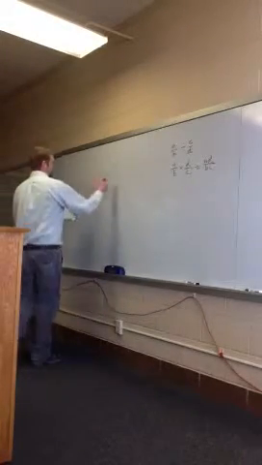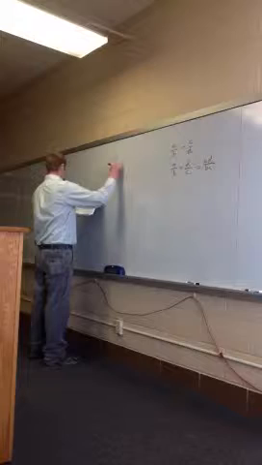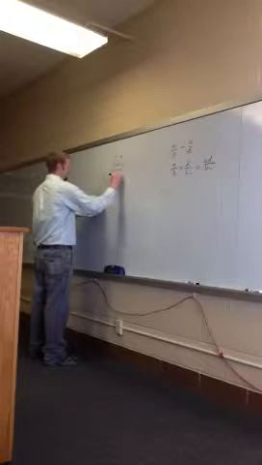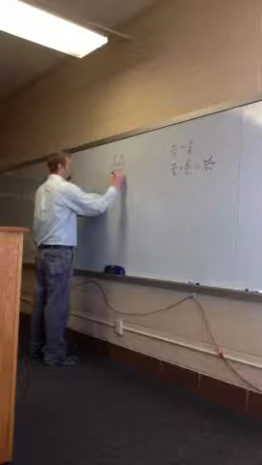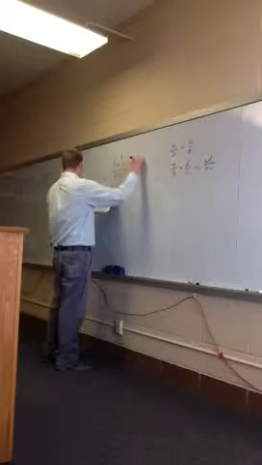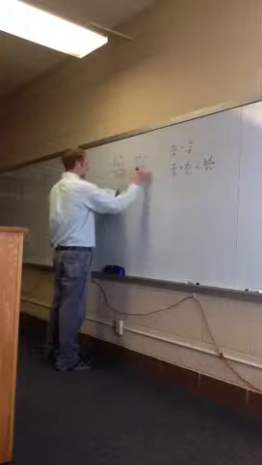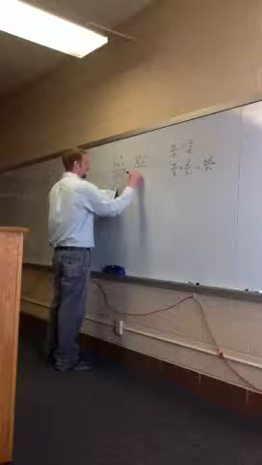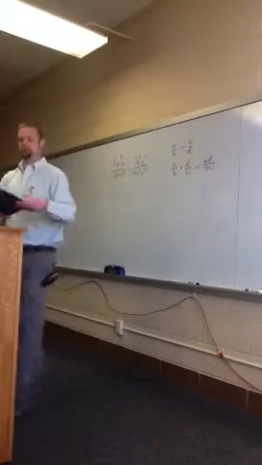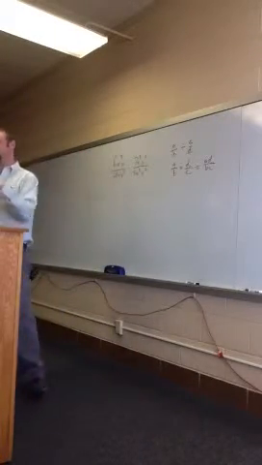So you've got 6x to the 4th y over 21x y to the 3rd times 7x squared y squared over 3x cubed y squared. Simply stated, you smush this all together.